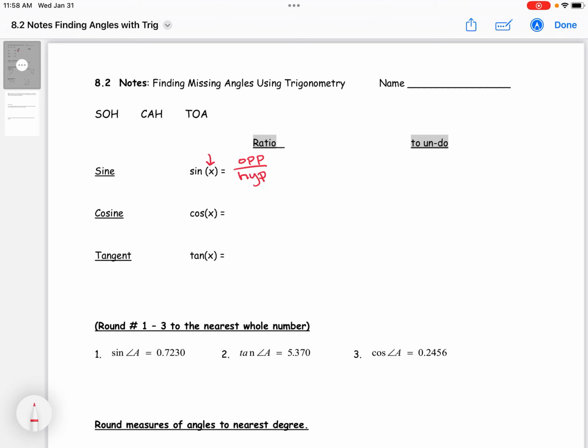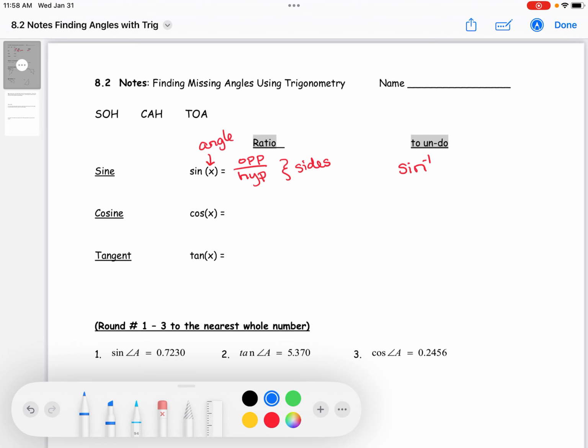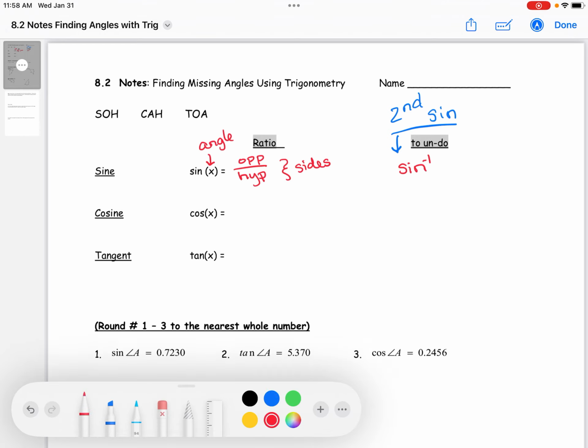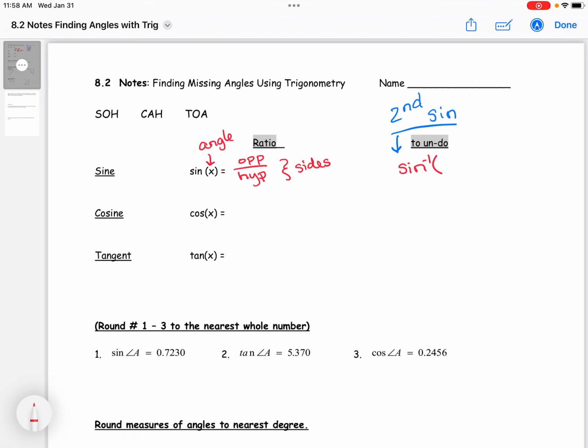To undo it and find the angle, we put sine inverse, second sine, which is the buttons you push, and then in parentheses the fraction opposite over hypotenuse.